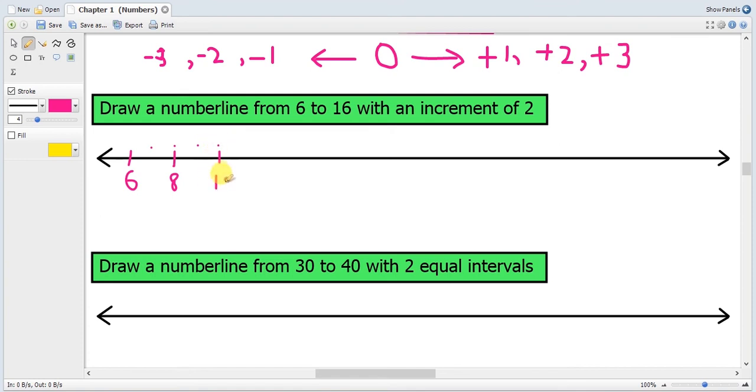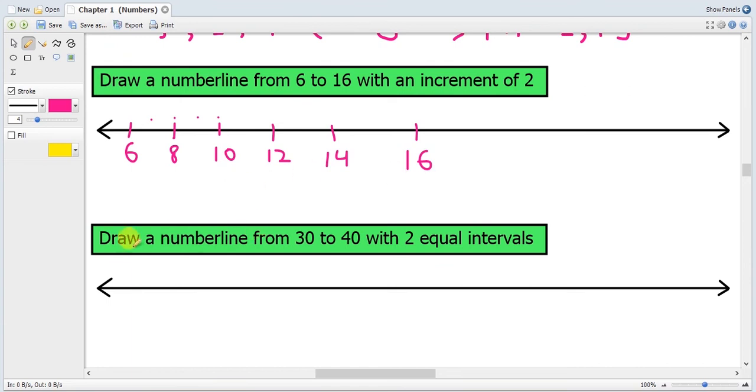What number have we landed on? 10. And then on a similar pattern, 12. Then 13 and 14. After that 15 and 16. So see, our last digit over here is 16. So we successfully completed our question, right?